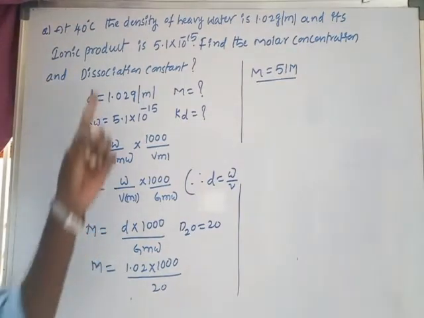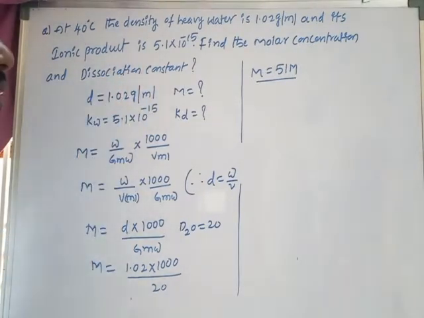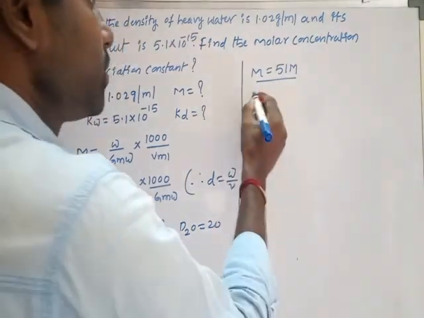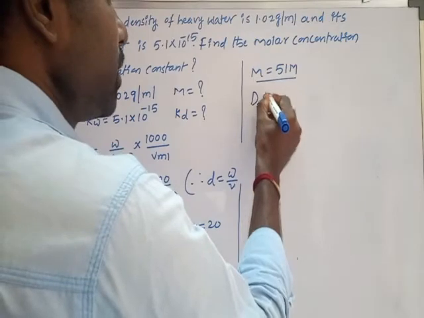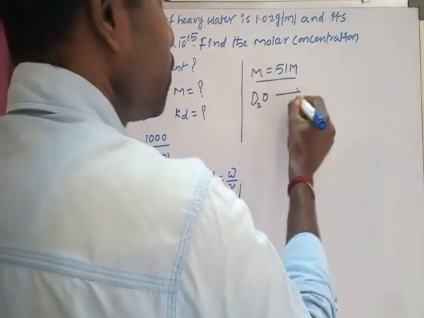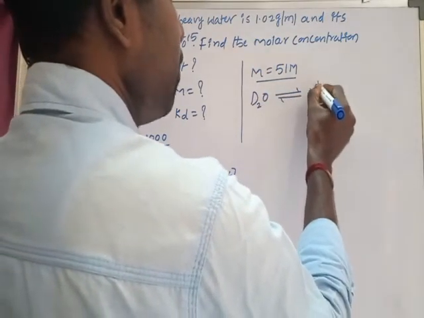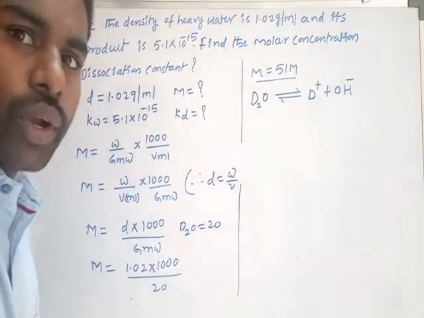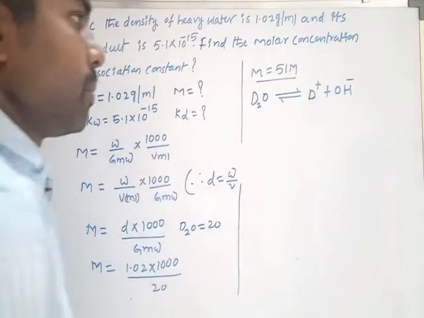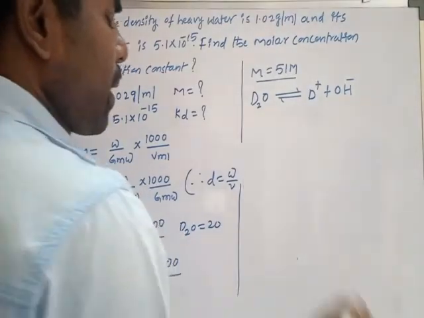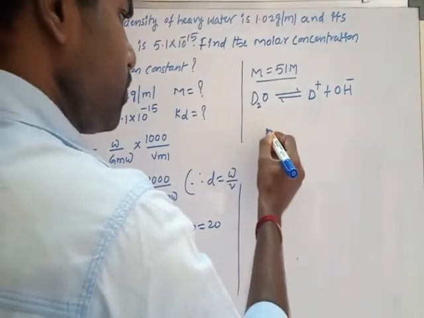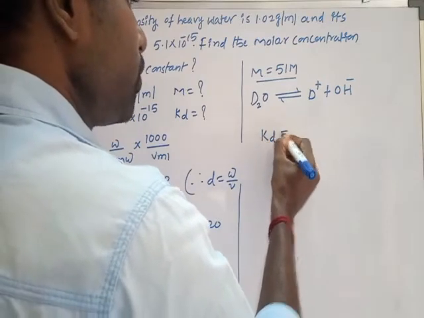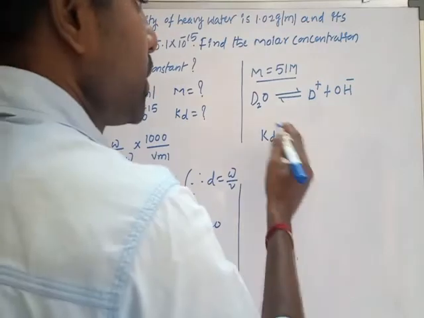Next, another one: dissociation constant, Kd equal to what? First let me write the dissociation reaction of heavy water. D2O dissociates into D plus and OD minus. Dissociation constant means equilibrium constant.